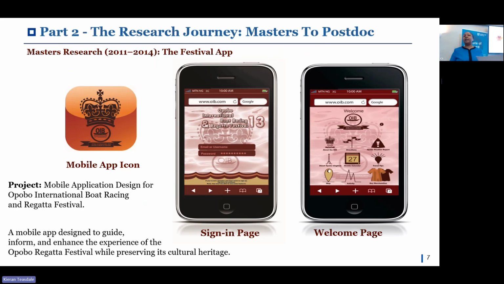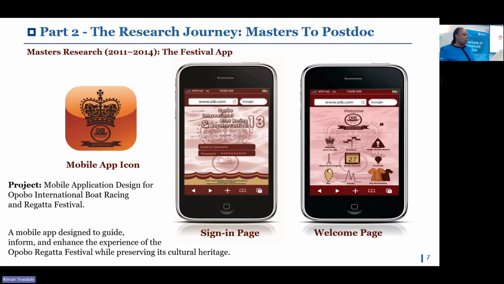Like I tried to explain earlier, between the 28th of December and the 15th of January of the following year, we have a series of events that brings about 2 million people from around the world to come and witness and participate in the activities that take place in Opobo.